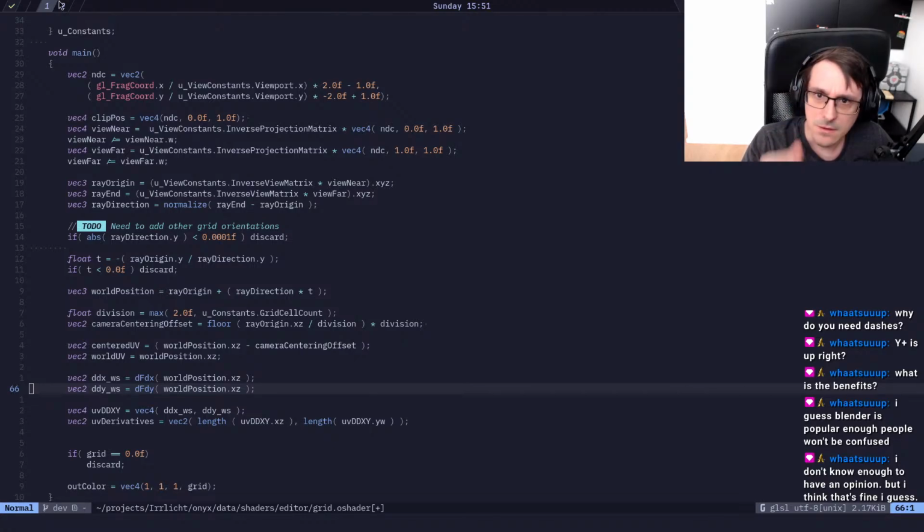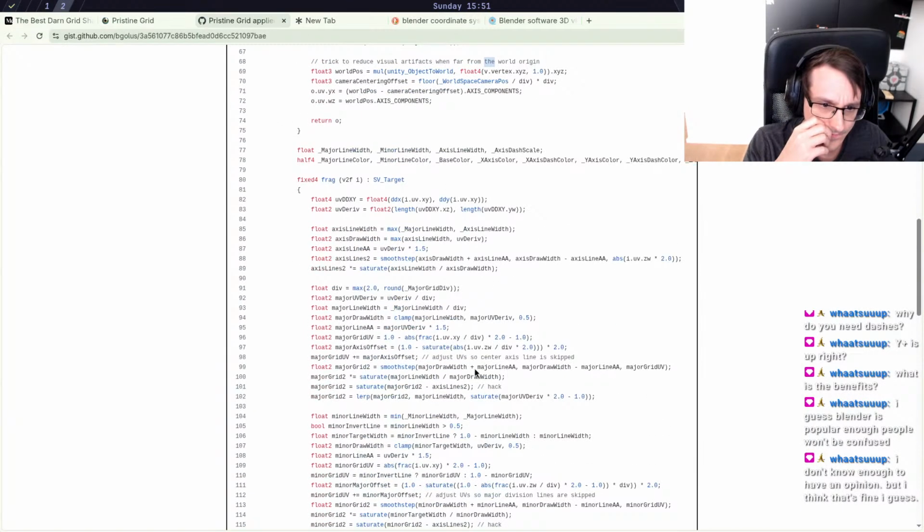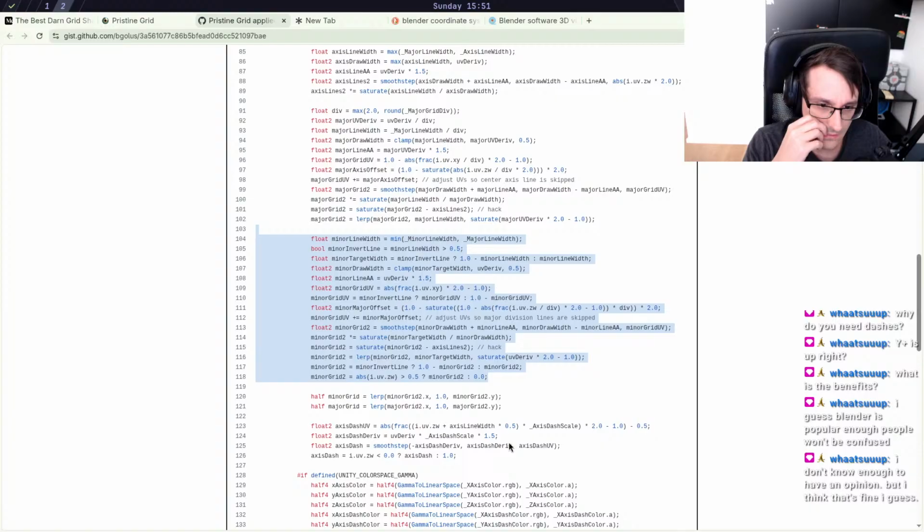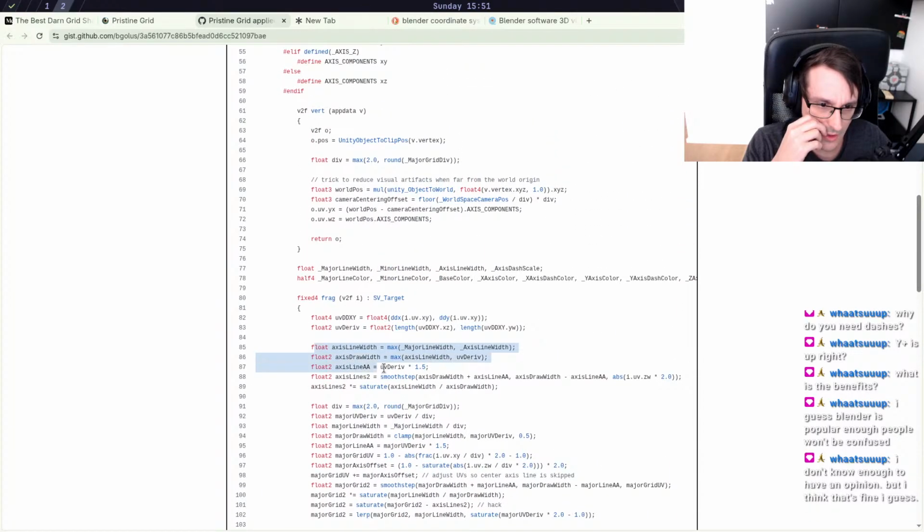And then I am curious, so this is the major line, this is the minor line, but what is that?